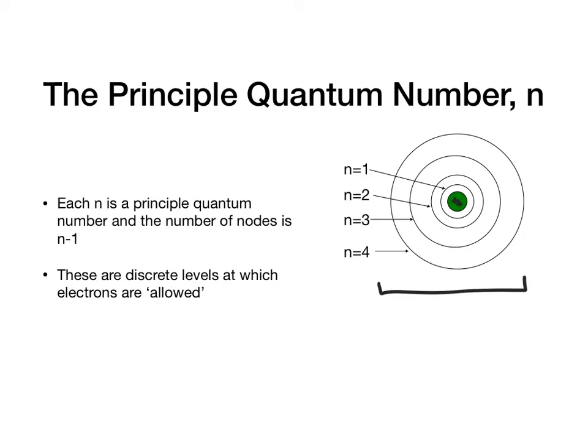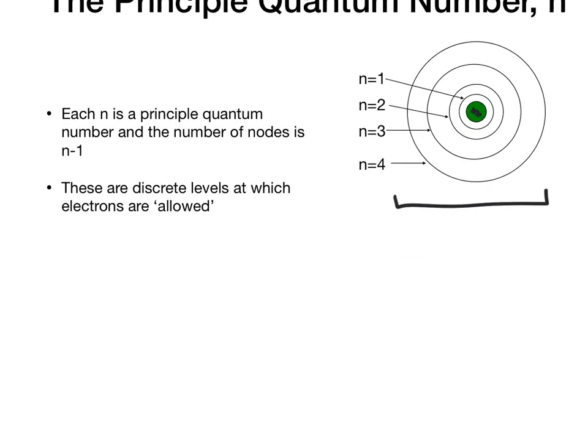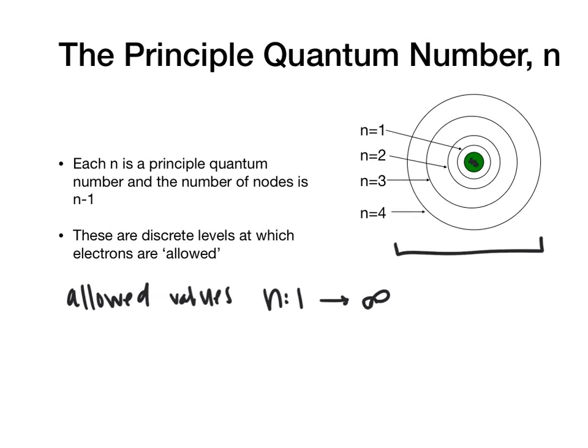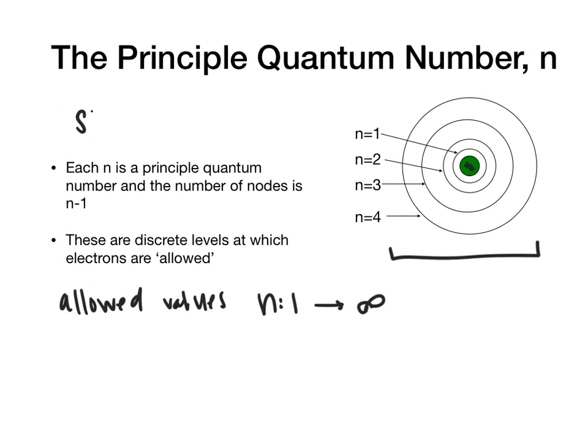Each n is a principal quantum number, and the allowed values for n are 1 all the way to infinity. So any whole number, basically 1 or greater. These are the discrete levels at which the electrons are allowed. I like to think about this as the state.